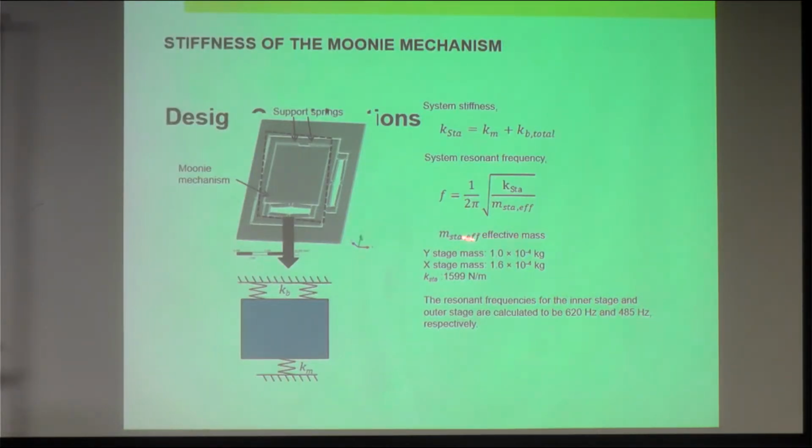Because this is the formula for the resonant frequency, you can see that the inner stage is smaller in comparison with the outer stage here. I mean, the X direction stage is bigger, so it has a higher mass here. So that's why the resonant frequency is different, because the mass is different for the X and Y direction stage.